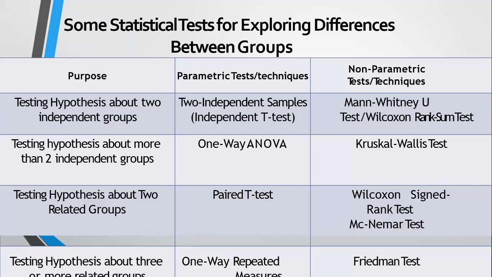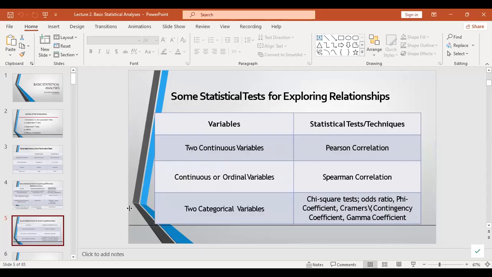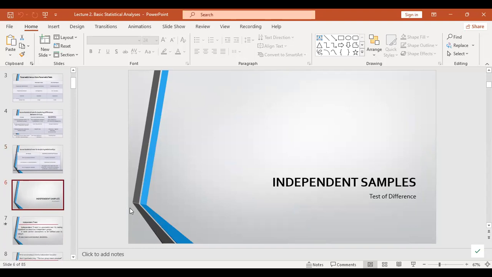And that is the most common. Then we are going to discuss later about the Pearson R and then Spearman correlation.